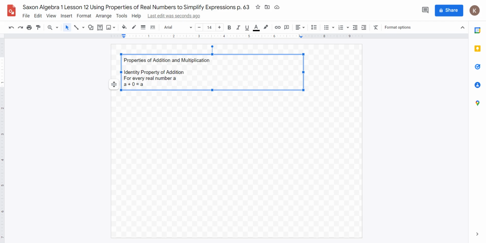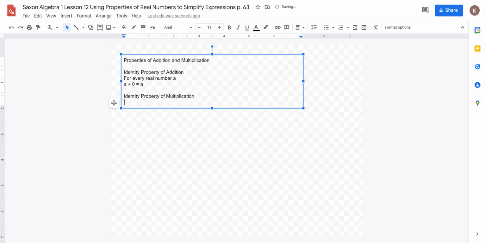So for example, 5 plus 0 equals 5. Why is it called the identity property? Because the result of doing the arithmetic here results in the same number I started with. Hey, can you imagine, is there an identity property for multiplication? Is there something we can do with multiplication that would result in the same number that we are putting into our equation? Why, yes, there is.